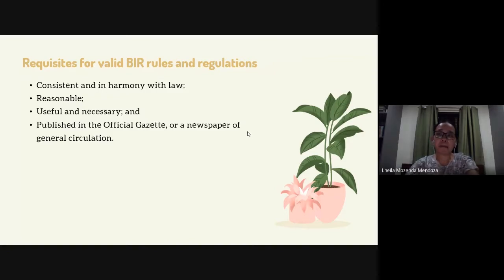So basically, every regulation being implemented by the NIRC, by the CIR or the BIR, you can find under Section 245. Those are the provisions contained in your revenue regulations.